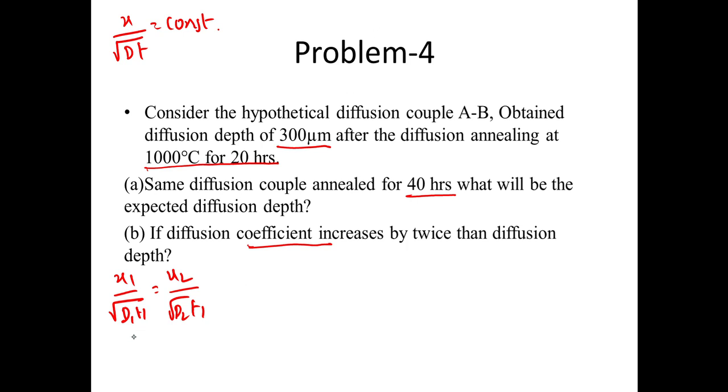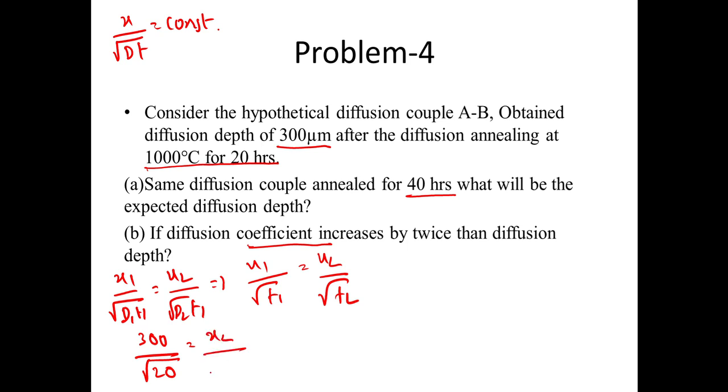In this case we are keeping the D value constant, so this equation reduces to x1 by root t1 equals x2 by root t2. Then the x1 value is 300 micron and the t value is given as 20 hours. We'll keep it in hours only. So the x2 value needs to be calculated at 40 hours.